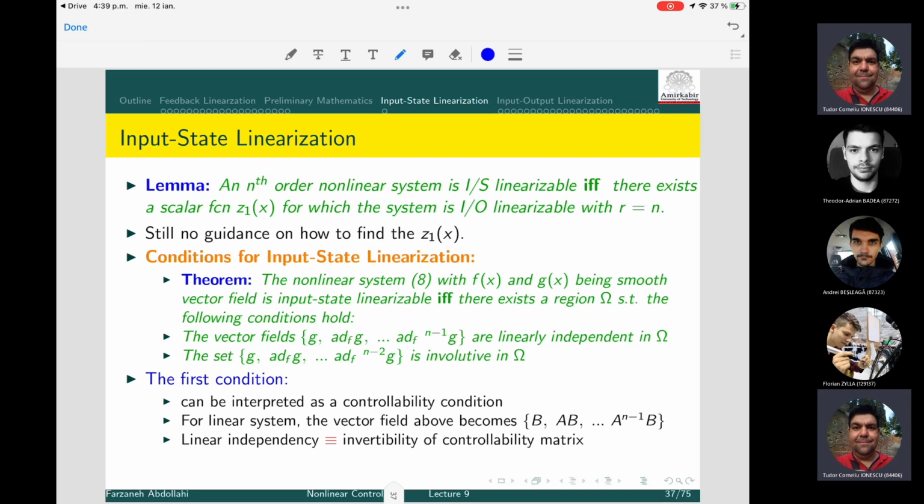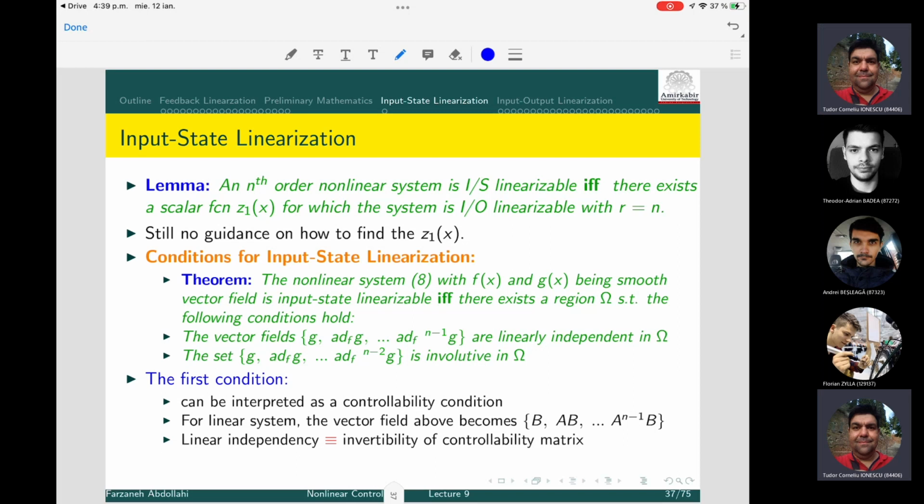Okay. Conditions for input-to-state linearization. The nonlinear system, with the vector fields f and g being smooth vector fields, is input-to-state linearizable. Now, this is a theorem to characterize the definition. If and only if there exists a region omega such that the following conditions hold. The vector fields, look, you have a lot of Lie derivatives here, are linearly independent in omega, and this set is involutive in omega.